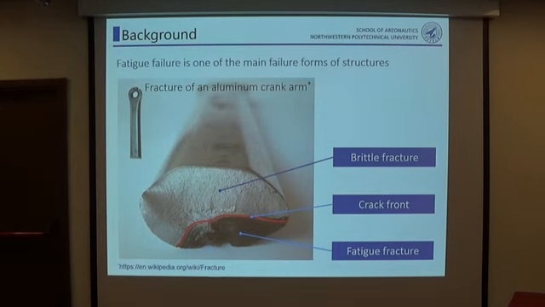You know, fatigue failure is one of the main failure forms of structures, and the geometry of cracks is most of the time complex. Take this picture as an example. We can see the dark part.